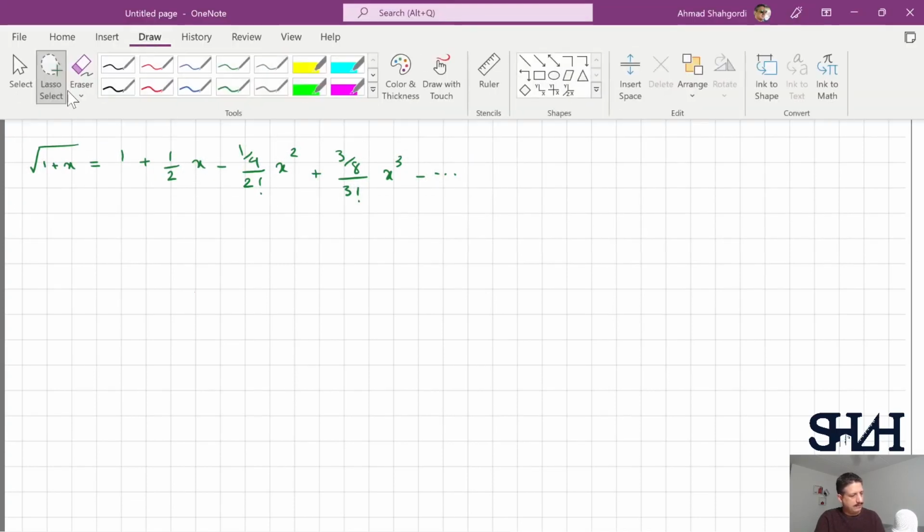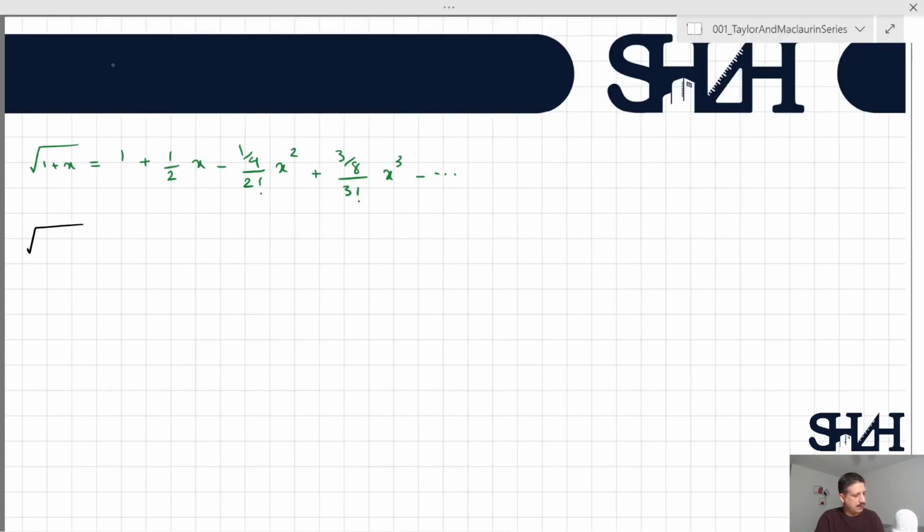Now, if you have the square root of 1 minus x, you just simply substitute minus x instead of x. I can write down this function as 1 plus minus x. So it will be 1 plus 1 over 2 (minus x) minus 1 over 8 (minus x) to the power of 2 plus 1 over 16 (minus x) to the power of 3, and so on.